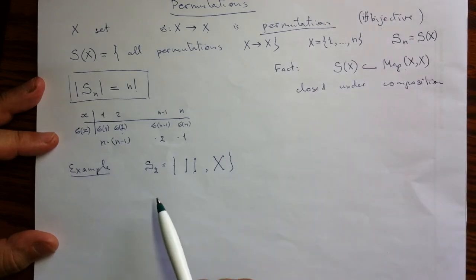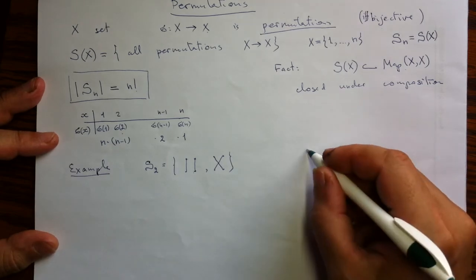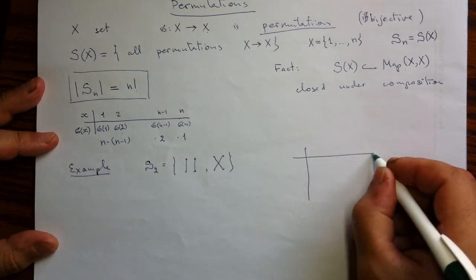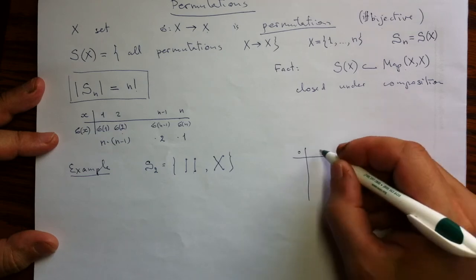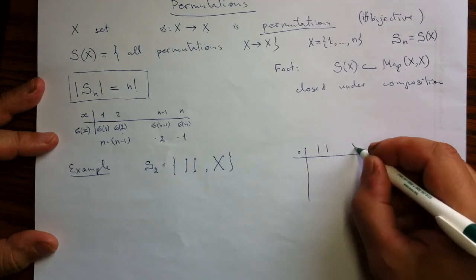So we could apply this property, say, to this example and see how the composition works on these 2 elements. So write the composition table, similar to the multiplication table.